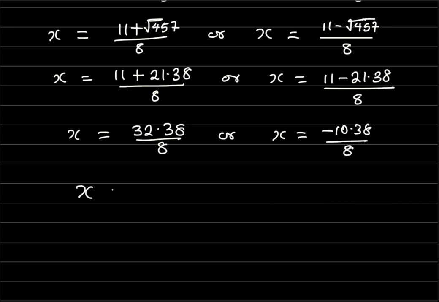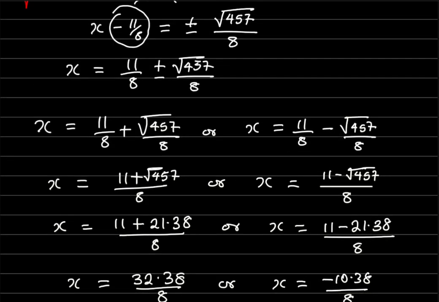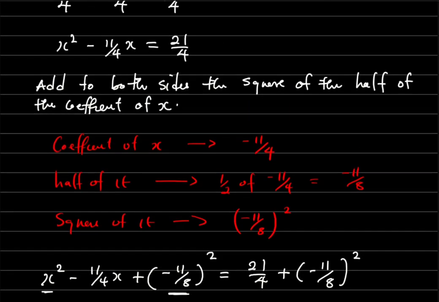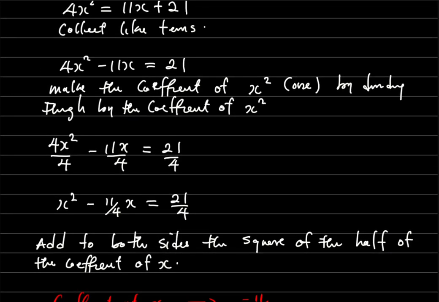And finally, your answer is either 4.05, or x is minus 1.30. So basically, this is what you need to know as far as the completing the square method of solving quadratic equations is concerned. It is simple, so go over it and make sure you master it, and maybe get some examples and solve on your own to check the answer.